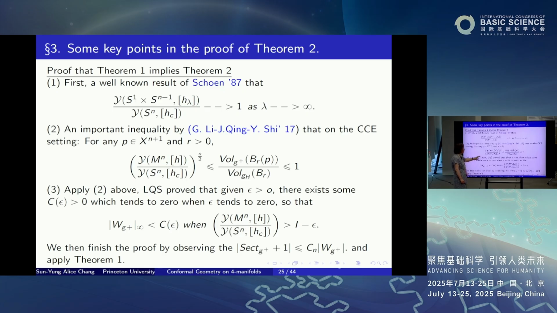And then the second fact we use is a work of Gang Li, Qing Jie, and Shing-Tung Yau. And they show that in this CCE or AH manifold, there is an inequality: the volume of the ball is greater than or equal to the Yamabe constant to the n/2 power. This constant is from the Gromov volume comparison, less than or equal to 1. So we have this lower bound, if the Yamabe constant is positive.